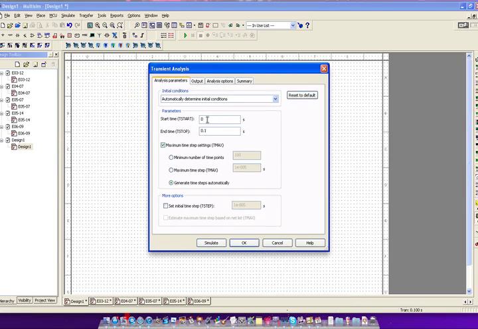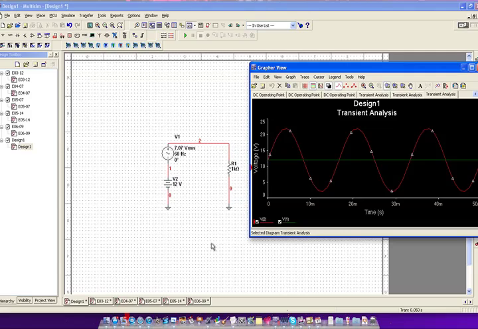Here we specify the time to start and time to end. Okay, let's take it up to 5% of a second. Then we click on Simulate. Okay, I just want V2.